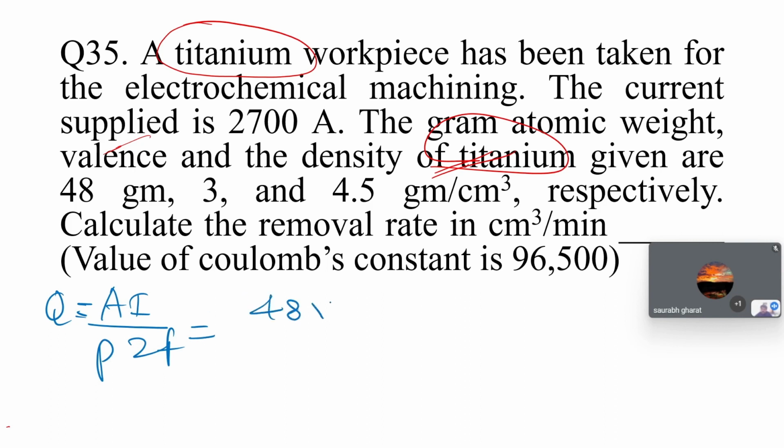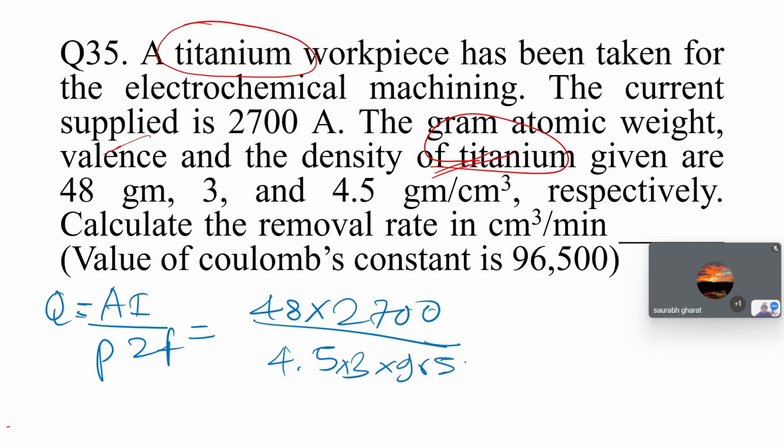Like 48 into your current 2700 into your density, which is equal to 4.5, into your balance, into your Coulomb's constant. This will again come in seconds because you are asking here in minutes. Just multiply it by 60. You will get the answer.